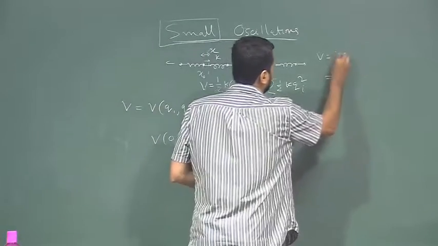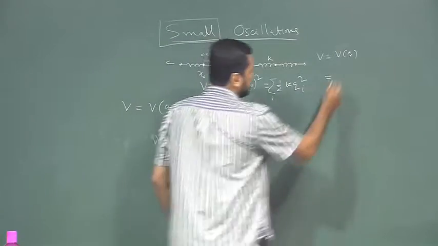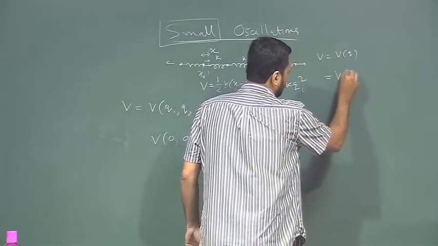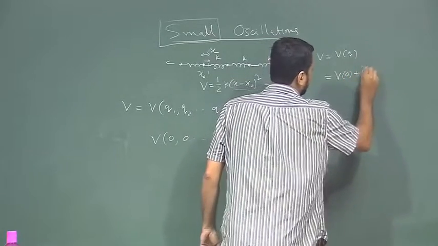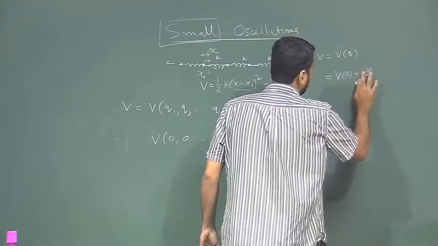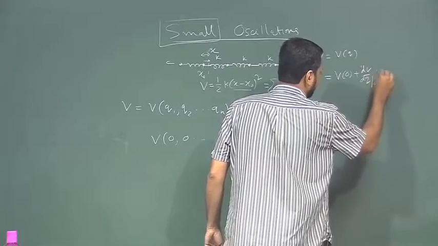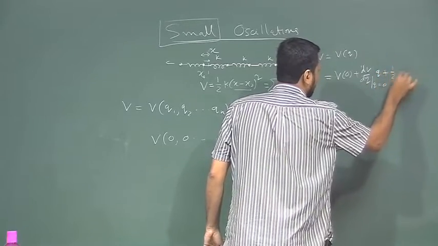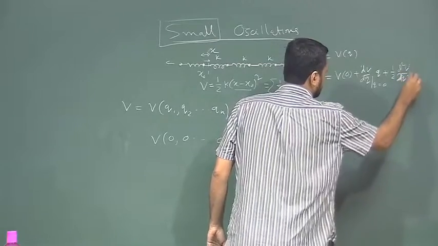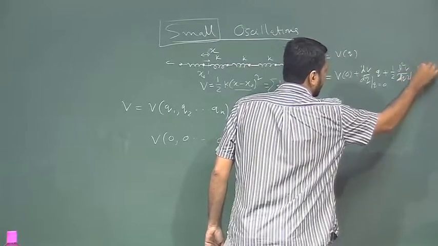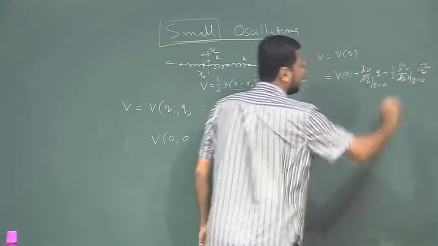I have a function V of q. I can do a Taylor series expansion around q equal to 0. So, it will be V(0) plus dV/dq at q equal to 0 times q, plus half d2V/dq square at q equal to 0 times q square, and so on and so forth.